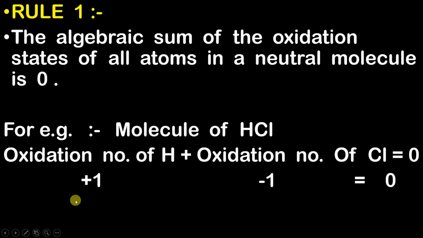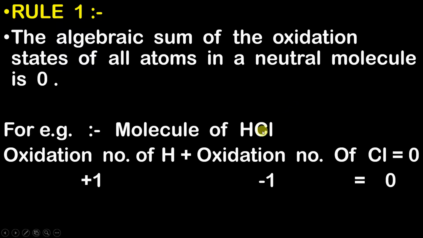It was +1, right? And the oxidation number of chlorine atom was -1. So it is not compulsory that the oxidation number of hydrogen atom will always be +1. It is +1 for the HCl molecule. It may vary as the molecule changes.